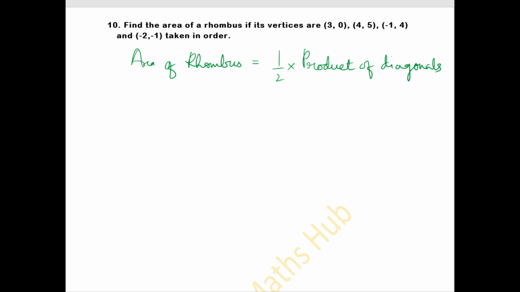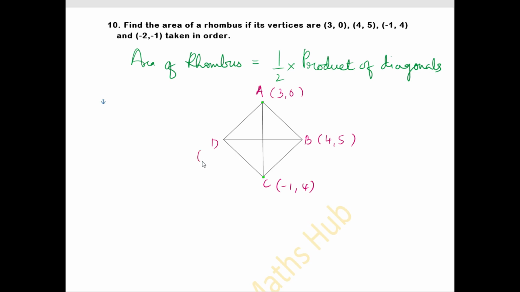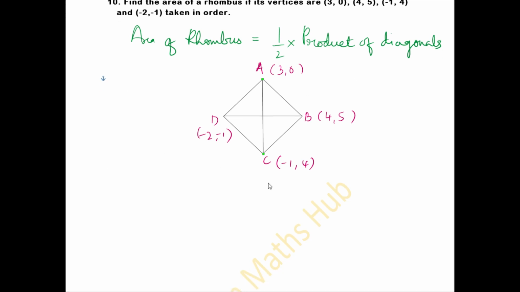Now I'll draw a rhombus. Consider rhombus ABCD, where A is 3, 0, the point B is 4, 5, and the point C is -1, 4, and D is -2, -1. Now area of rhombus in terms of its diagonals is what?